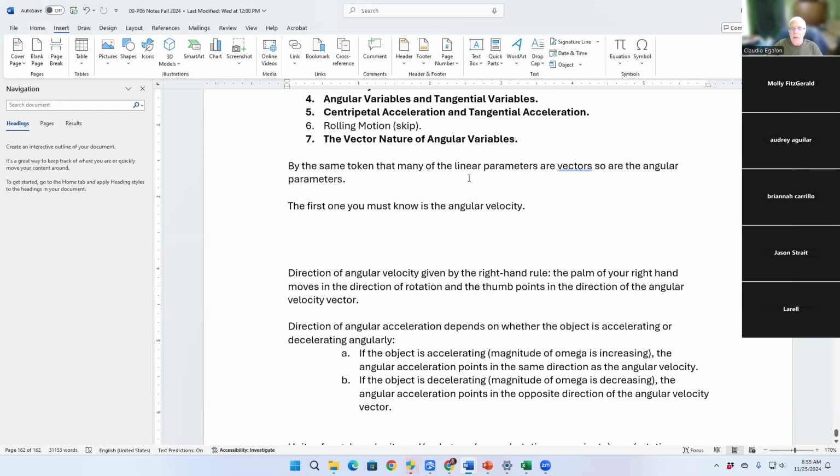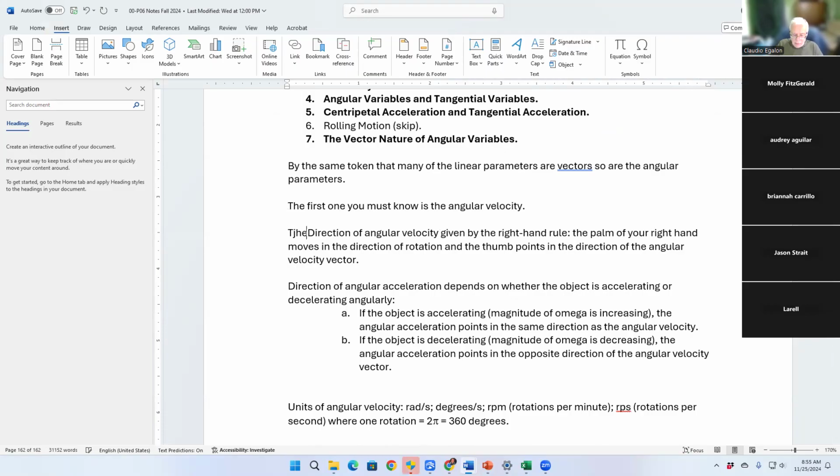You must know the angular velocity. The direction of the angular velocity is very simple to obtain. It is given by the right-hand rule. I'm going to spell out the right-hand rule here.